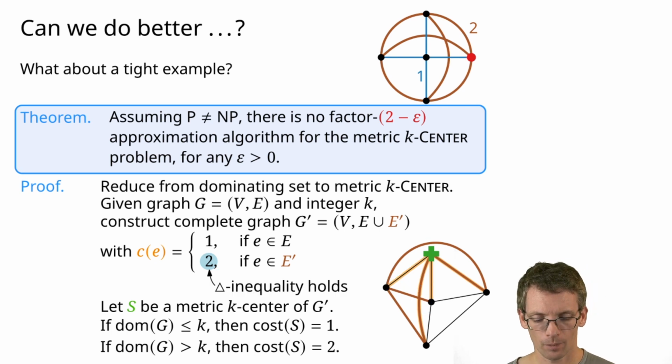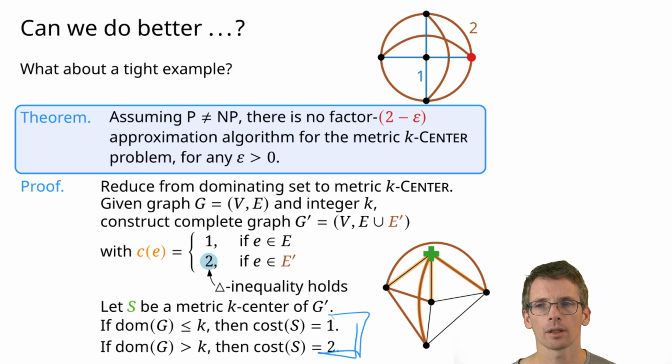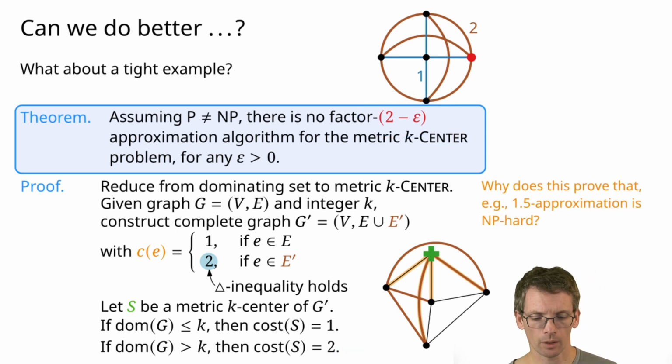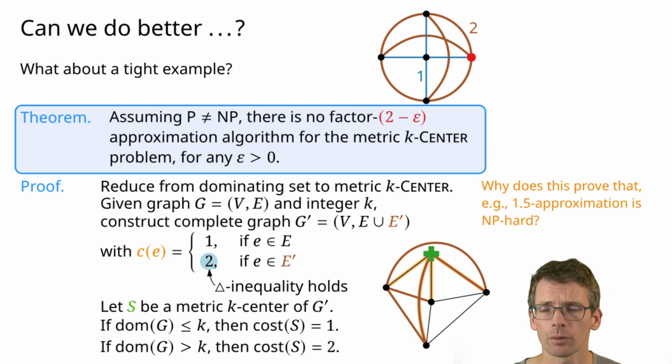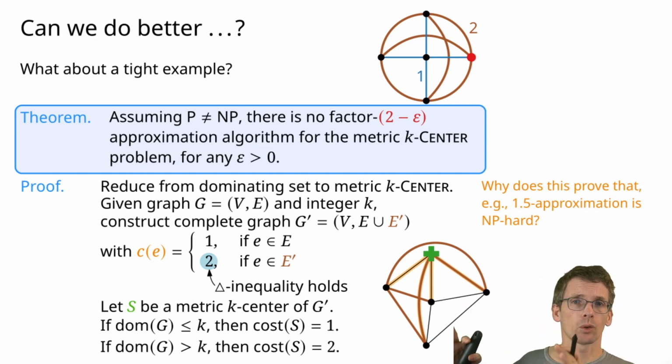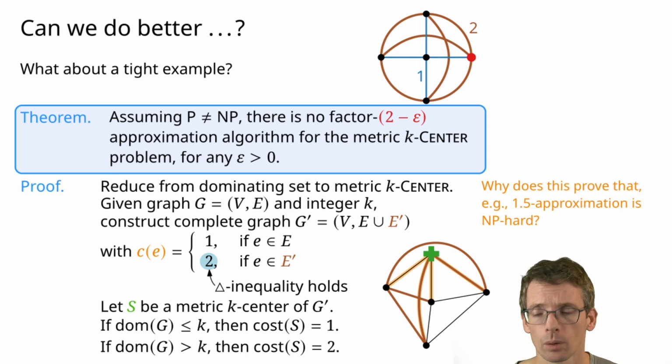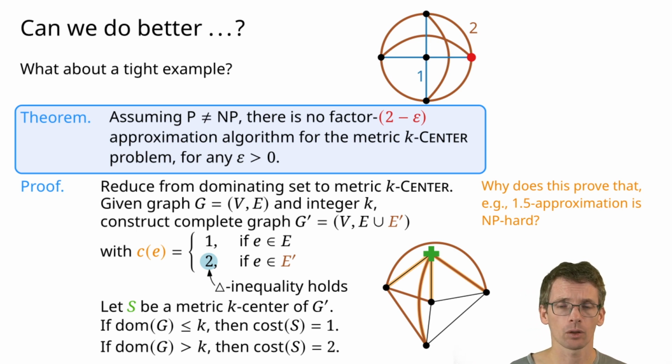Now I claim that this observation already proves our theorem. Let me illustrate this by, for instance, assuming that there is a 1.5 approximation for the k-center problem, and why that would lead to a contradiction. So if you had a polynomial time 1.5 approximation, then to solve the dominating set problem, I transform it in exactly this way to the k-center problem, and I can solve it.